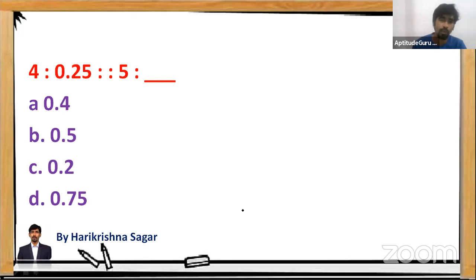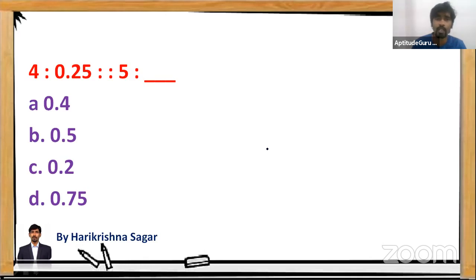So 4 becomes 0.25. That means 4 becomes 1 by 4. What is 1 by 4? 1 by 4 is nothing but 25 percentage, or if you want to take it in decimal, we can write it as 0.25. Then 5 becomes what? The logic here is they are just taking the reciprocal and representing it in the form of a decimal.